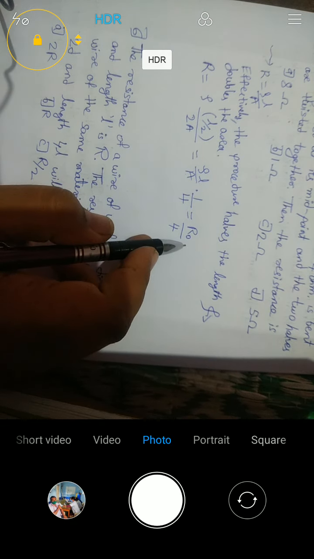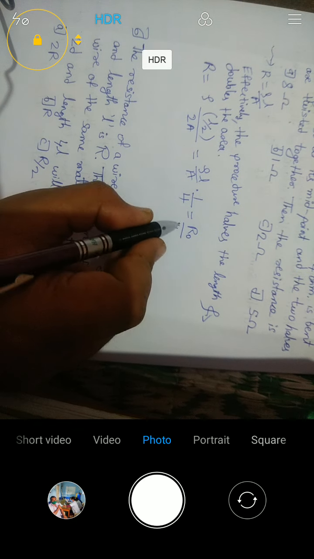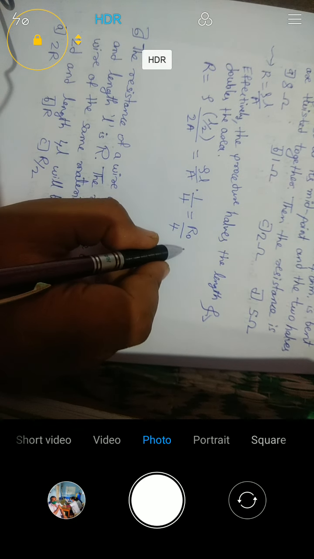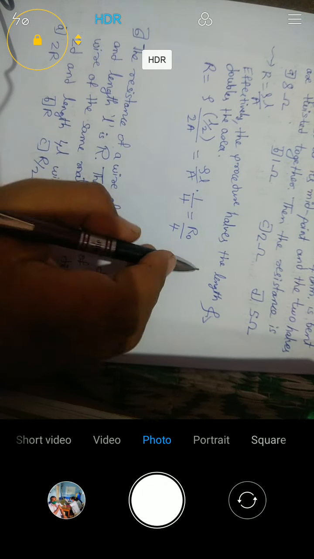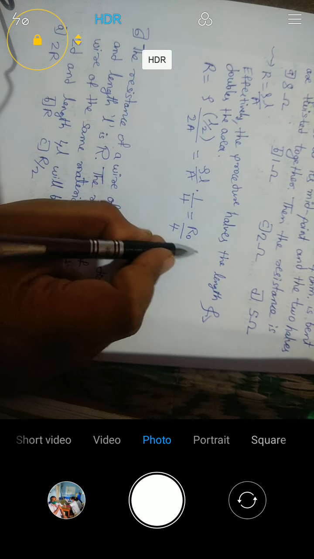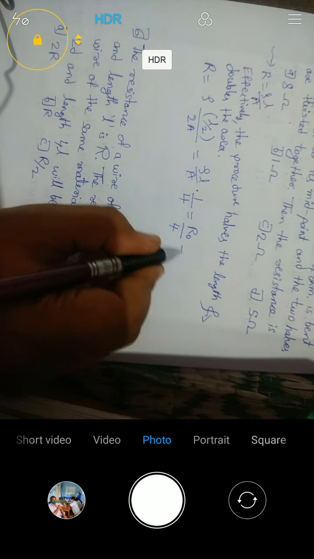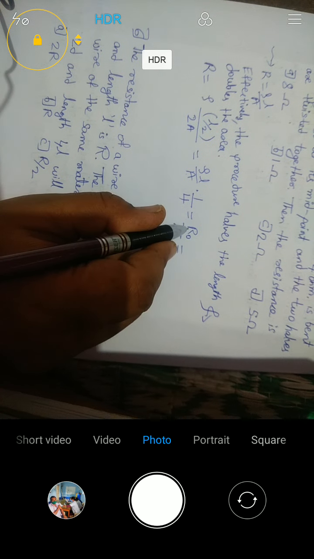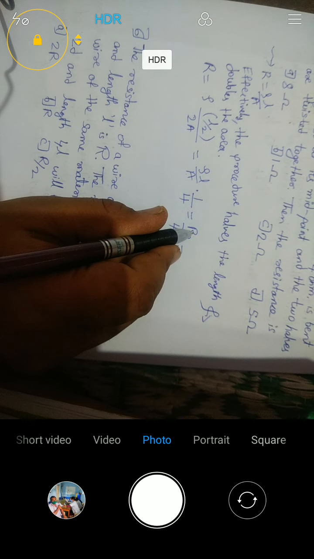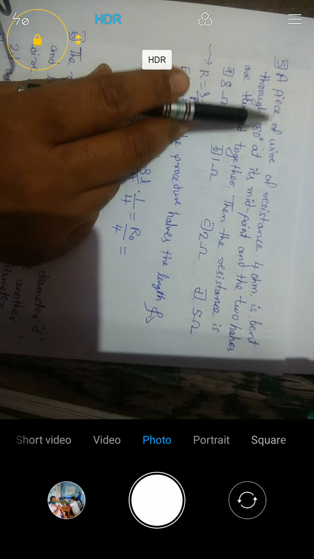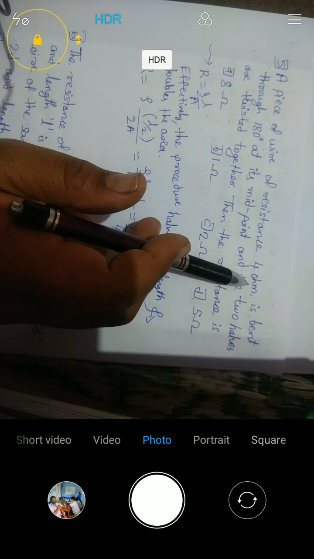In this equation, R naught value is 4 ohm, as given in the question: the piece of wire has the resistance 4 ohm.